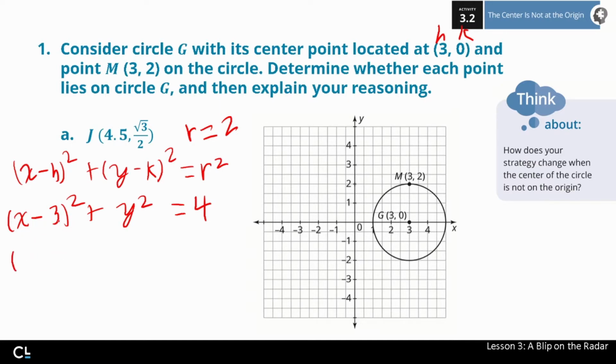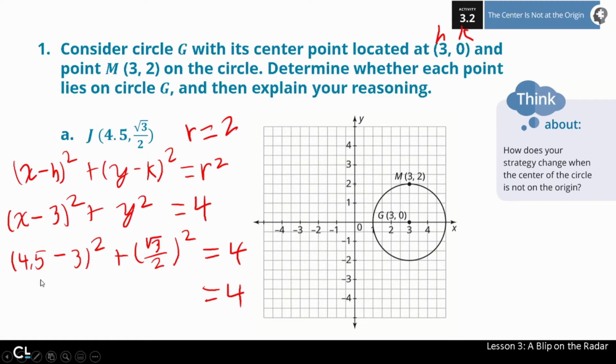We get X minus 3 squared, so we really get 4.5 minus 3 quantity squared plus Y squared, which is square root of 3 over 2 squared. And we know that we want this whole thing to equal 4.